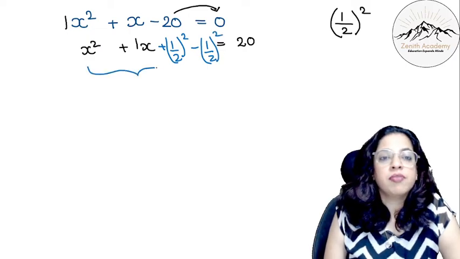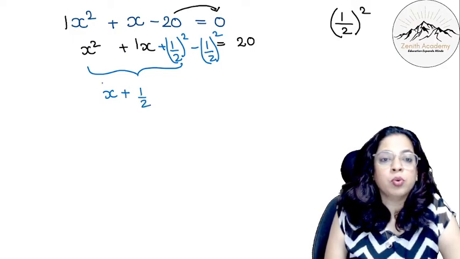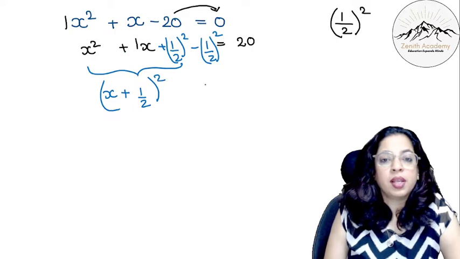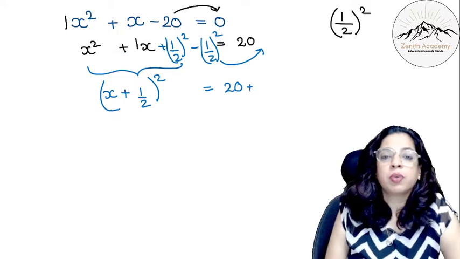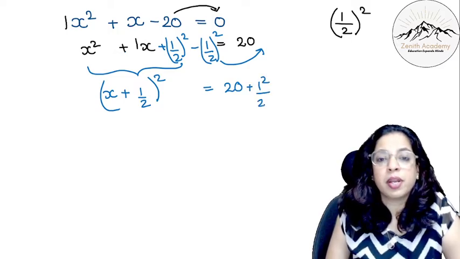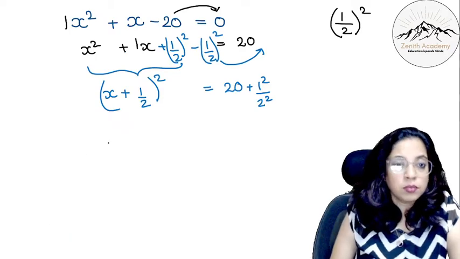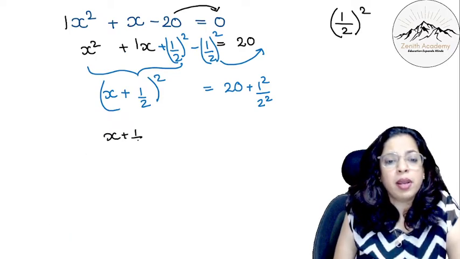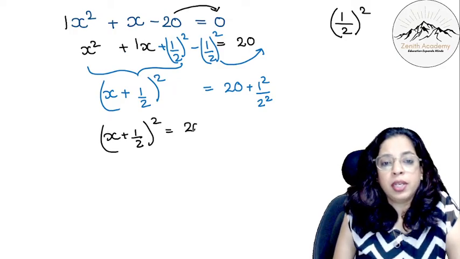So if you see the first 3 terms, it becomes x plus, because there is a plus here, 1 by 2 whole square. Now this is equal to 20 is there. Take this minus 1 square by 2 square here. So it becomes plus 1 square by 2 square. So now you have got x plus 1 by 2 whole square is equal to 20 plus 1 by 4.